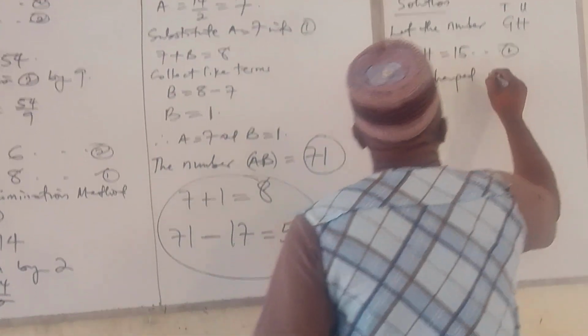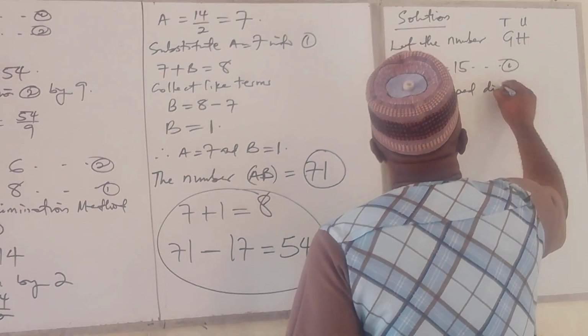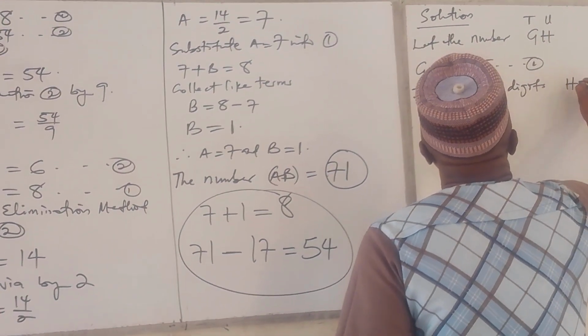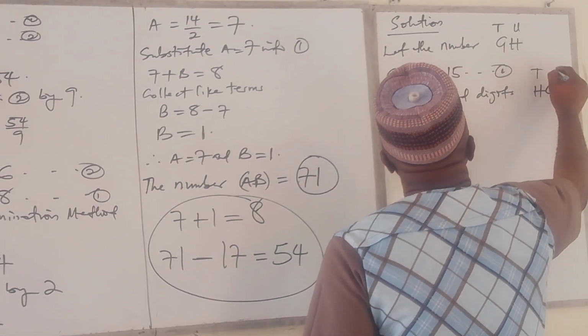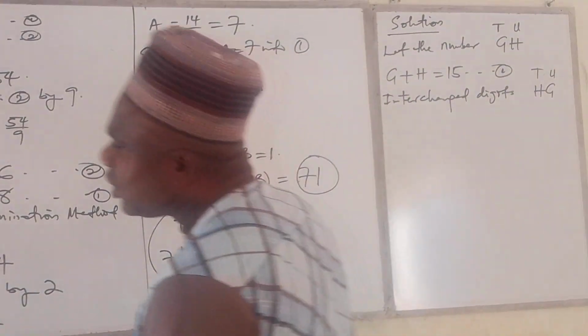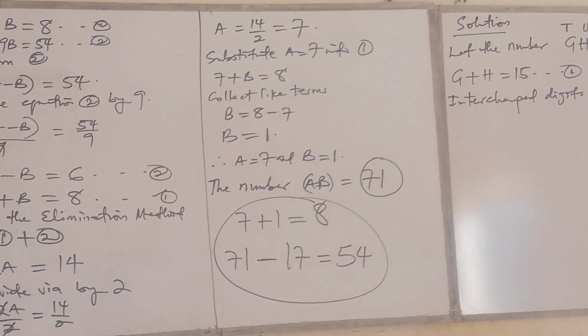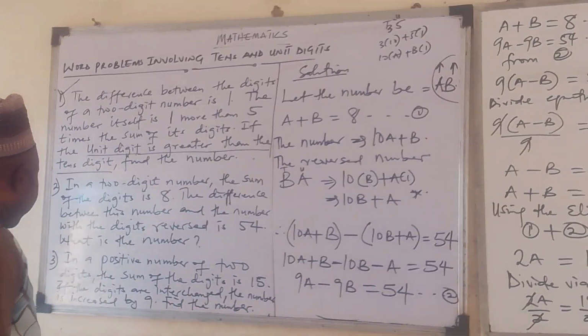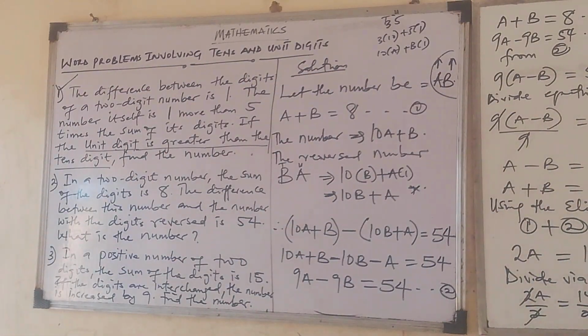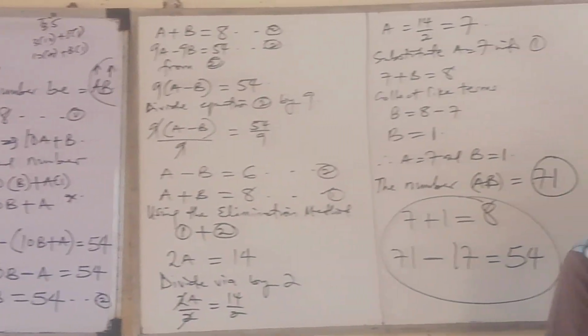When you interchange, you will have it as HG. So this now becomes the tens and G becomes the units. They said if the digits are interchanged, the number is increased by 9.